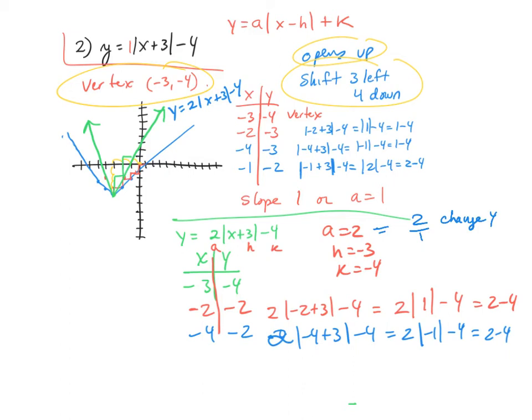My x's are changing by 1. So it's looking like when a is greater than 1, it's going to get more narrow, or smaller in size.